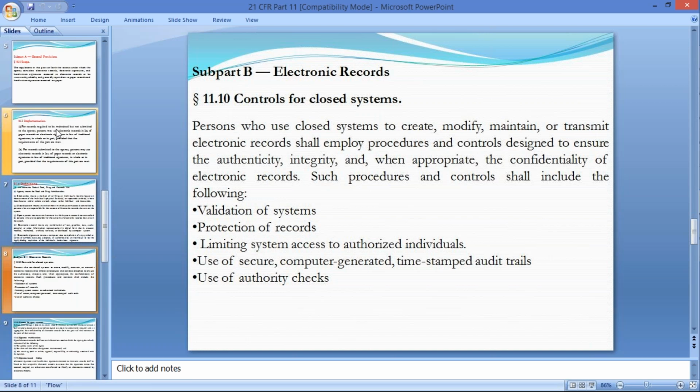So we need to have a validation system. Wherever you are using an electronic record, we must check the validation of that record, whether it is valid or not.